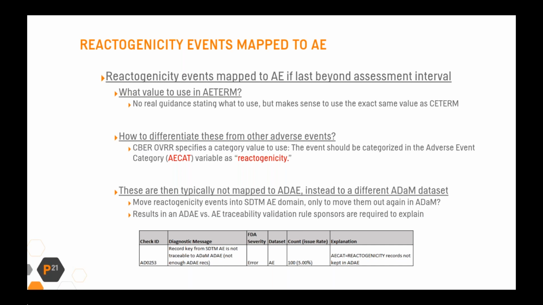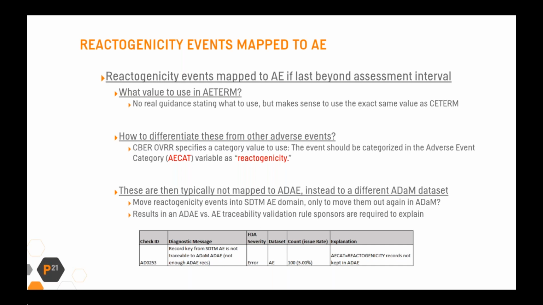And then the other thing is that in analysis, these adverse events are usually removed from the ADAE domain and instead mapped to a different ADaM data set, which is a little bit odd: to move these reactions into the adverse event SDTM domain only to separate them back out in analysis. It seems a little bit unusual to be required to do that.